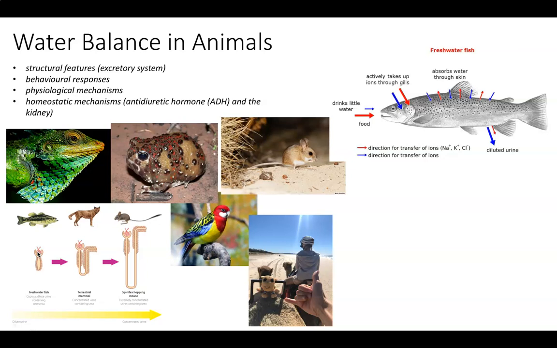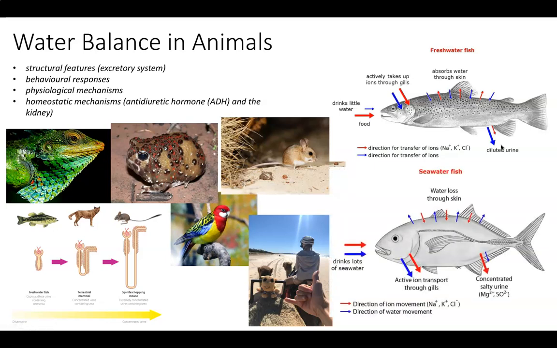They pass a lot of water, and therefore they have what's called very diluted urine, as opposed to, say, a saltwater fish. And again, my question is, where is it more salty? Is it more salty outside in the salty water, or is it more salty inside the fish? Well, in a saltwater environment, it is more salty outside of the fish. So where is that water going to go?